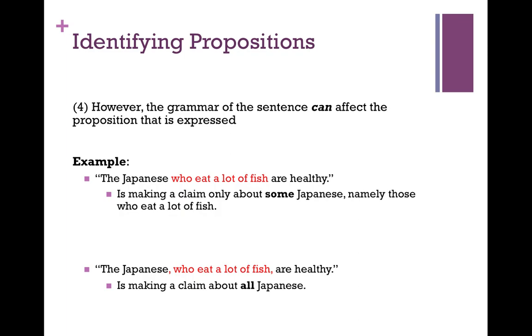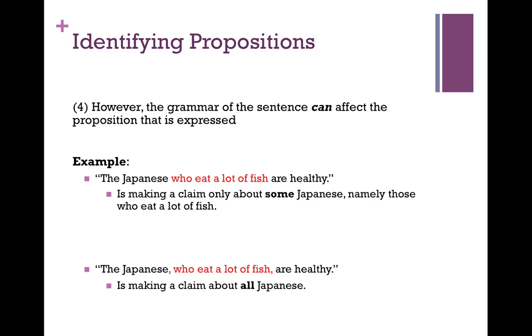Let's say we had a large circle representing all Japanese people, and then a smaller circle within that, referring specifically to those Japanese who eat a lot of fish. What the first sentence is saying is that that particular group that eats a lot of fish happens to be healthy. And it's not saying anything about all the rest of the Japanese people.